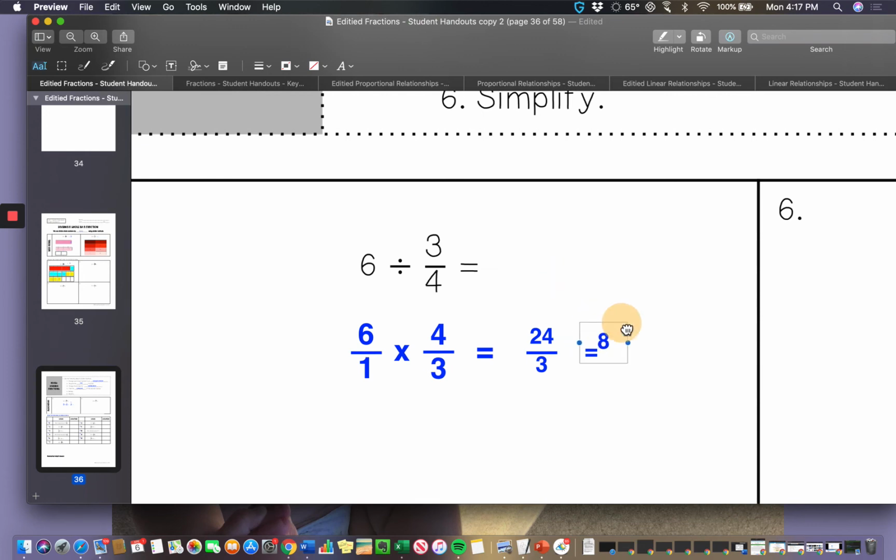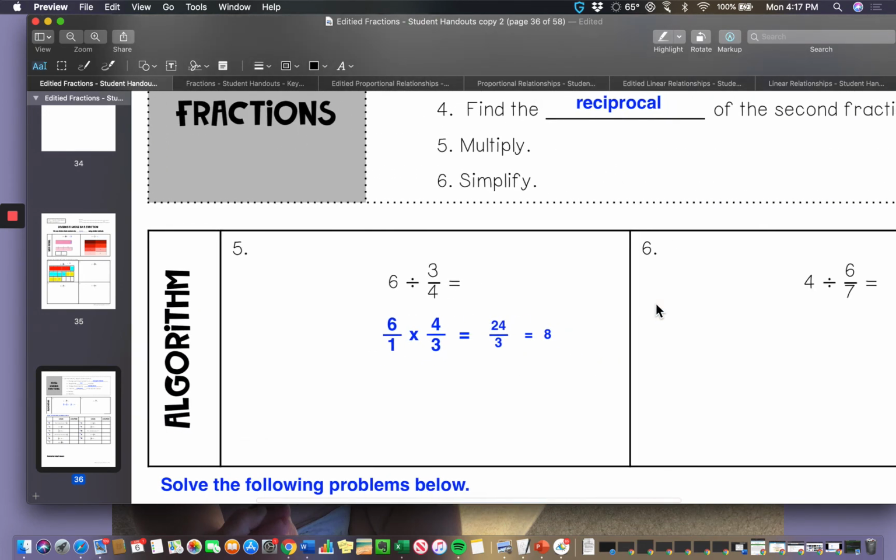So you could have had 24 thirds as your answer, or you could have 8 as your answer. Because this is an improper fraction, but when I make it a mixed number, I have to see how many times the denominator can go into the numerator. Well, if I add 3 8 times, or 3 times 8 would give me 24. 24 divided by 3 gives me 8.